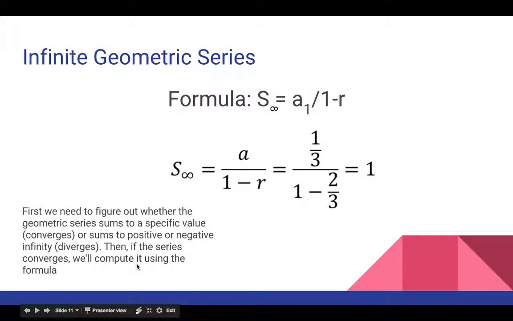Because if we don't, then it's not going to make sense. We need the common ratio to be bigger than 1. And if that's not the case, then that means that we can go further on using the formula.